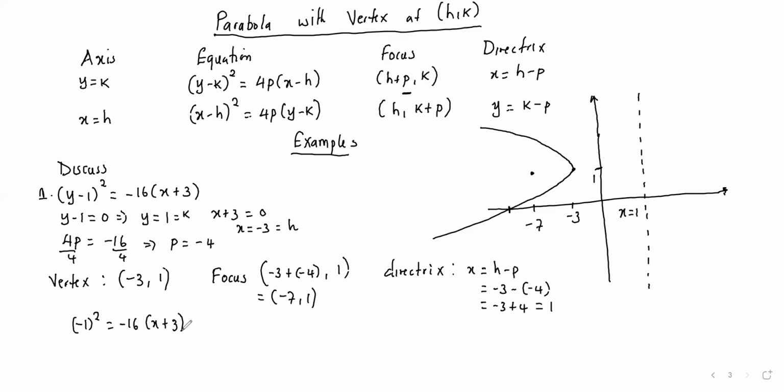So if you expand, we are getting positive 1 equal to negative 16x minus 48. So when this goes the other side, we get negative 16x is equal to positive 49. And then divide by negative 16. So we're going to have x equals negative 49 over 16.